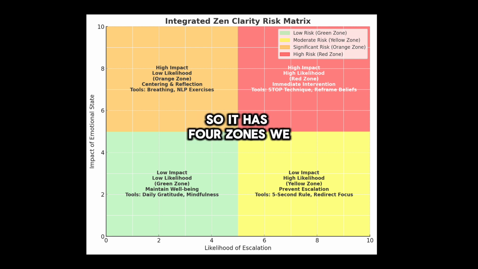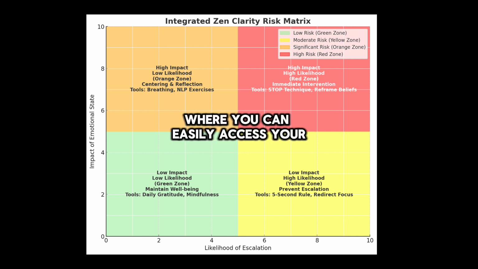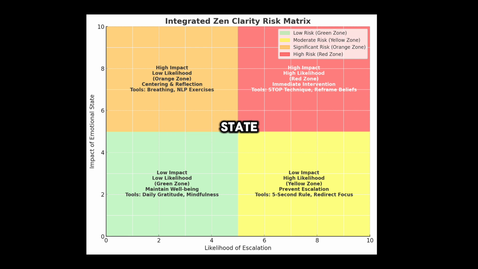So it has 4 zones. We have the green zone, the yellow zone, the orange zone, and the red zone. In the green zone, which I've held as the lowest risk, we have low intensity, low impact emotions, like when you're calm, when you're content, where you can easily access your creativity in that relaxed, mindful state.